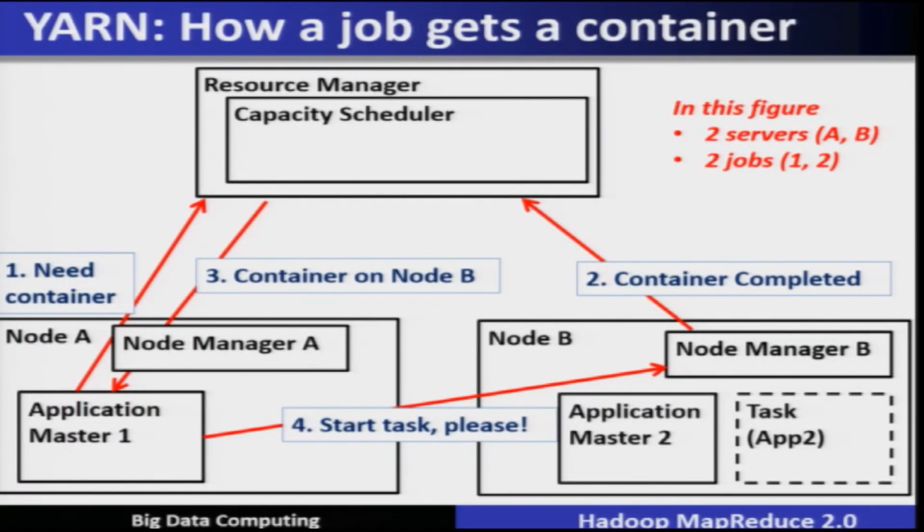Let us see how this all flows in yarn between the resource manager and node manager. So, let us say that we have 2 servers A and B, and we have two jobs 1 and 2 which are to be allocated.